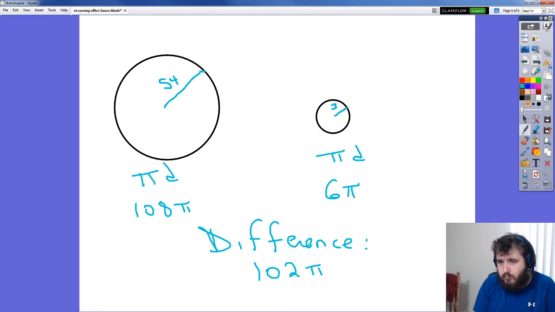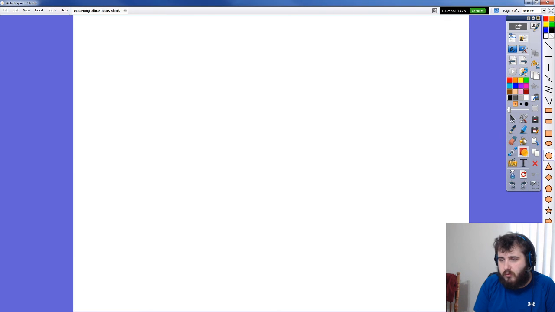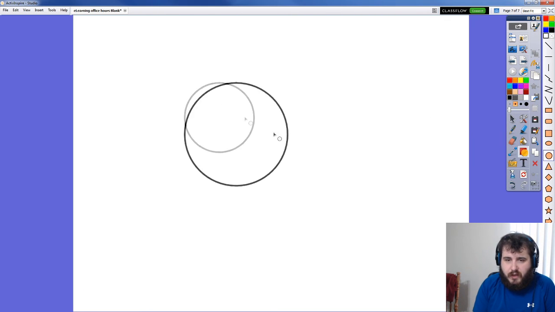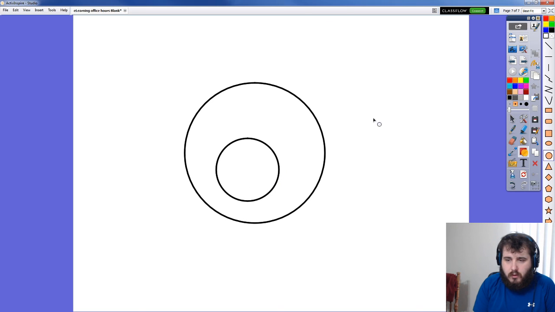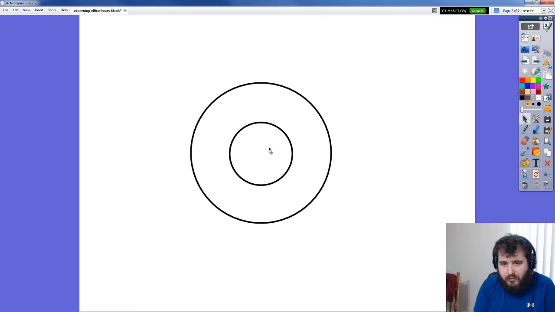The way that they put a spin on this problem is that instead of having the circles just sitting right next to each other, they make them concentric. Let's see if I can make them concentric here. Hey, that's close enough.